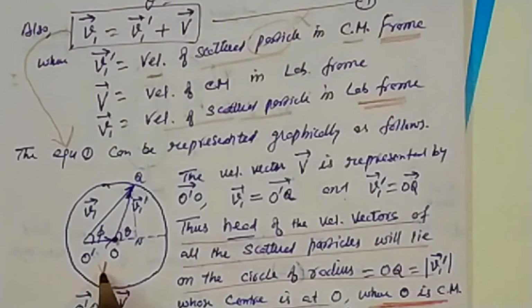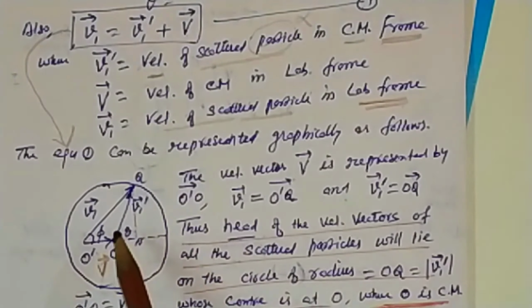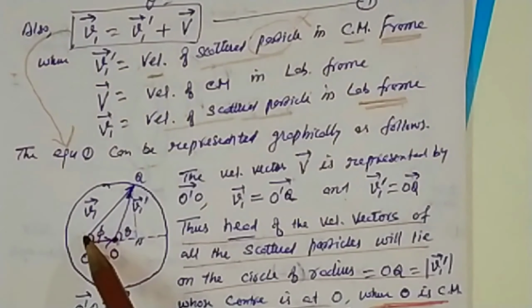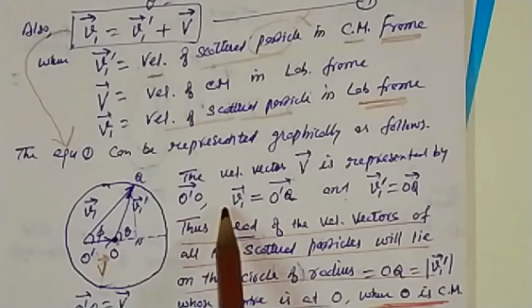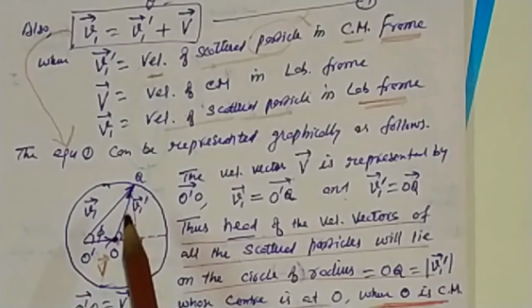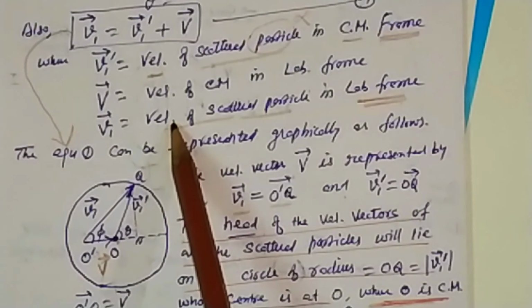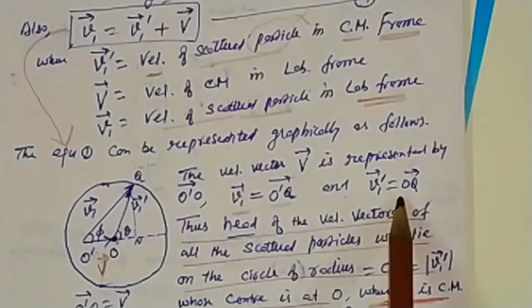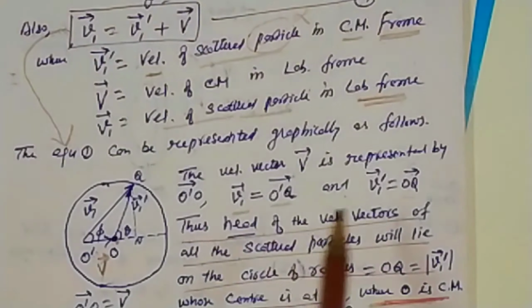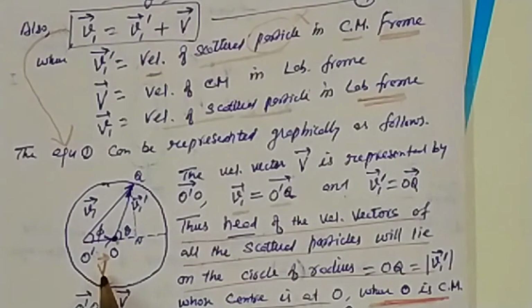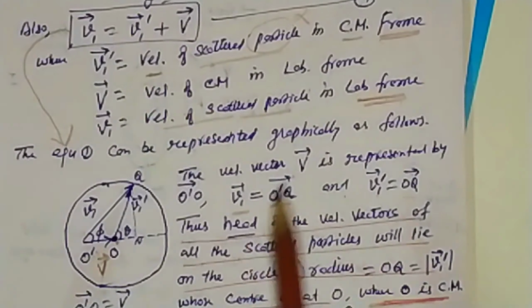So O dash O represents capital V, and the velocity of scattered particle in lab system is represented by this vector, that is O dash Q. O dash Q vector is velocity of scattered particle in lab system. OQ vector is the velocity of scattered particle in center of mass system, and O dash O vector represents the velocity of center of mass in lab system. Okay.